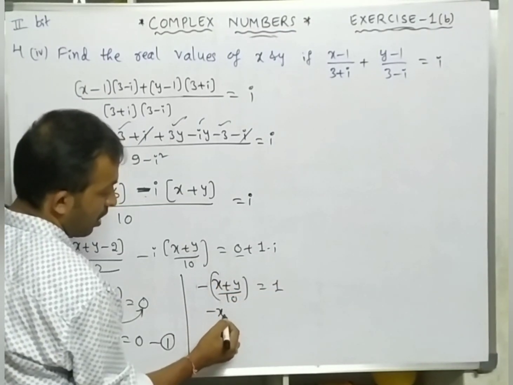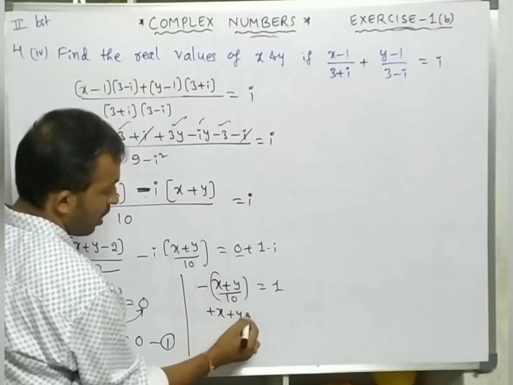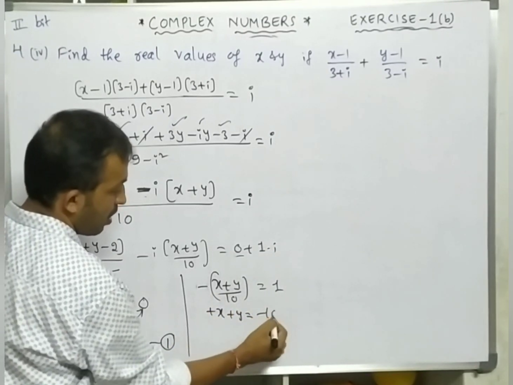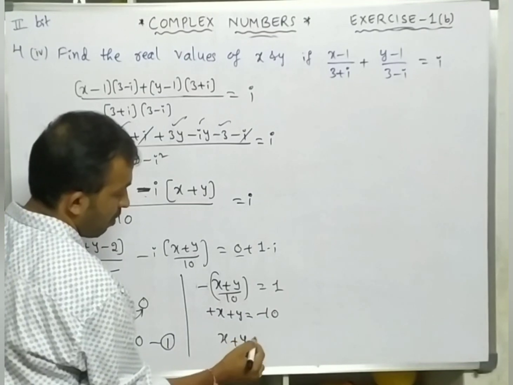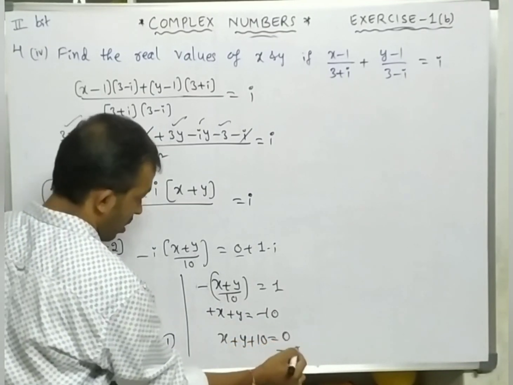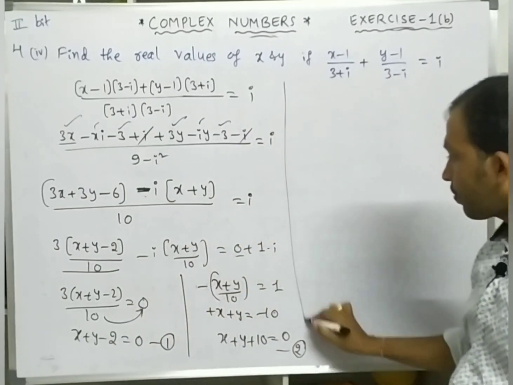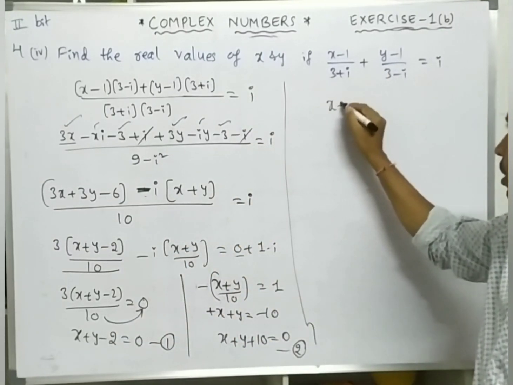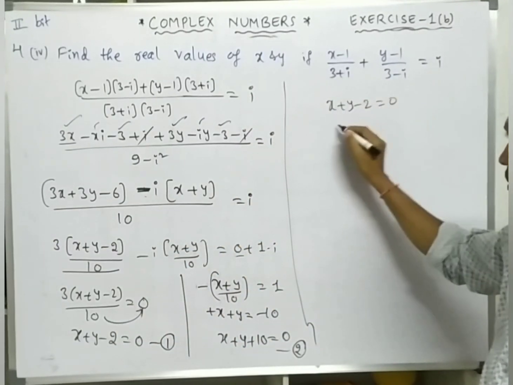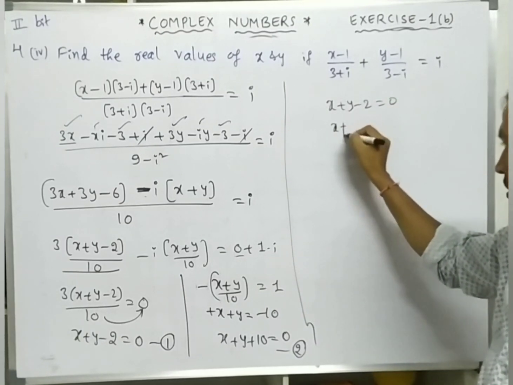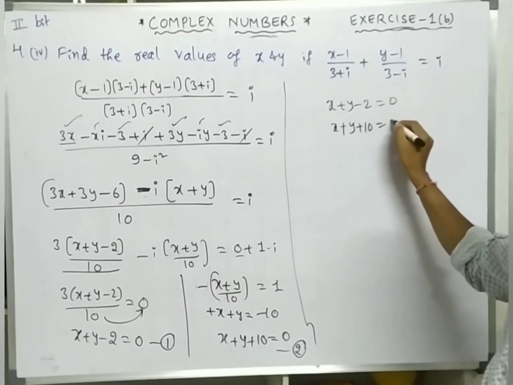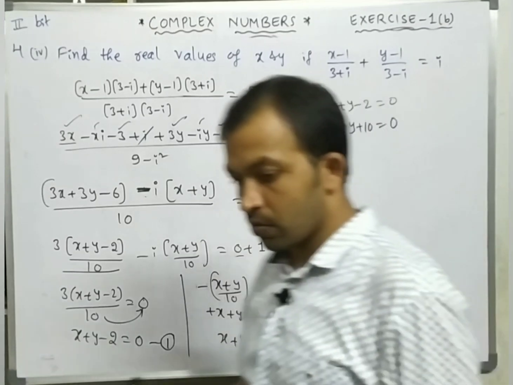So minus (x plus y) is equal to minus 10. x plus y plus 10 is equal to 0. This is equation number 2. Now solve. x plus y minus 2 is equal to 0, and x plus y plus 10 is equal to 0.